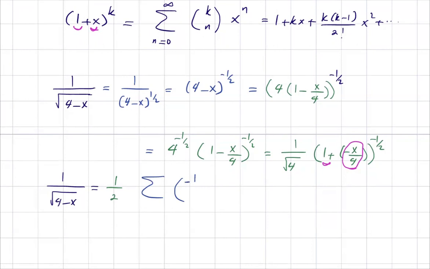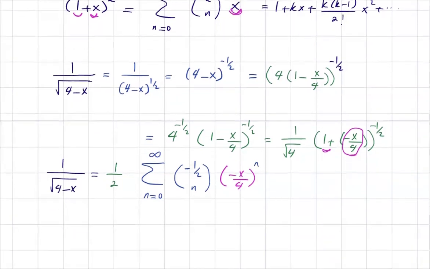So you're going to copy down negative a half here. Negative a half, choose n times x to power n. But what is my x? My x is now negative x divided by 4 raised to power n. My n starts from 0 and goes to infinity. Very good. So let us simplify this as much as we can so we see the behavior.